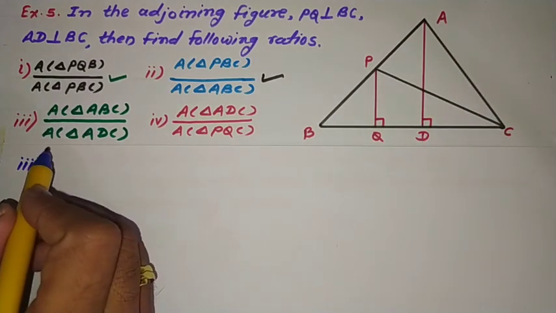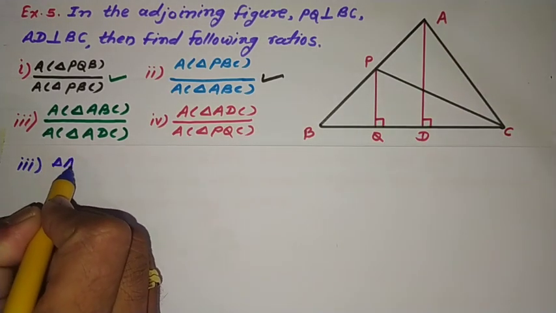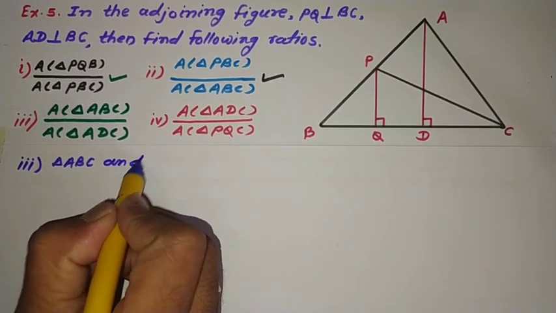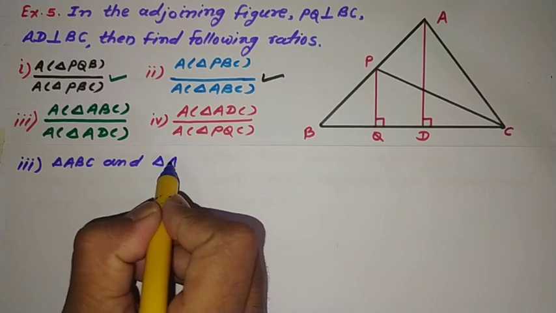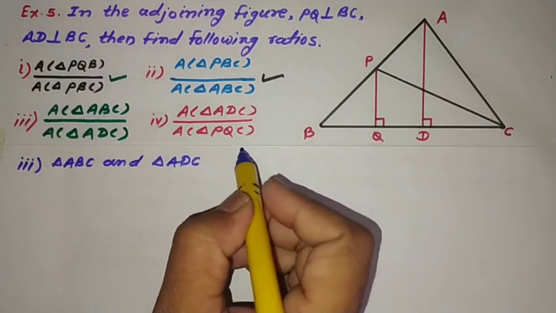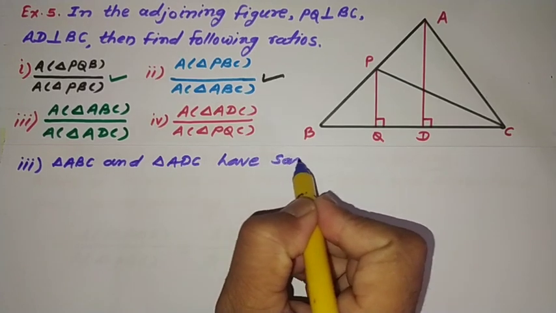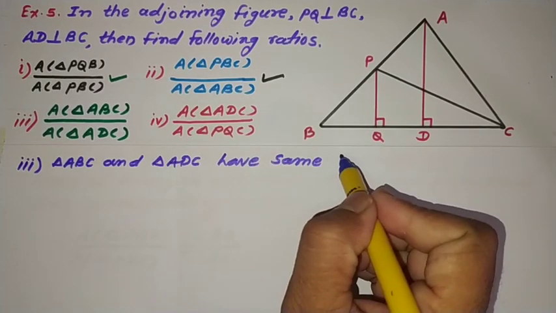Therefore, triangle ABC and triangle ADC have the same height.